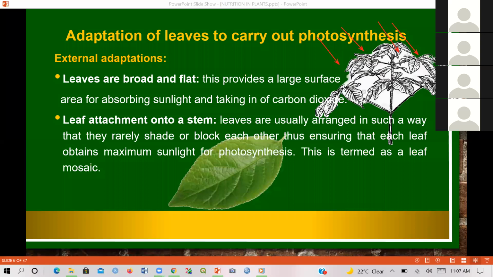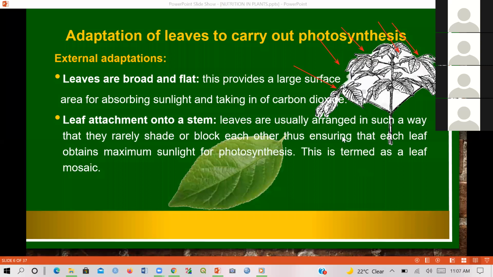None of the leaves are shading the other. This kind of arrangement is sometimes described as a leaf mosaic arrangement.